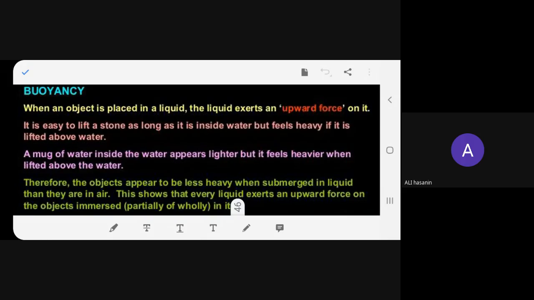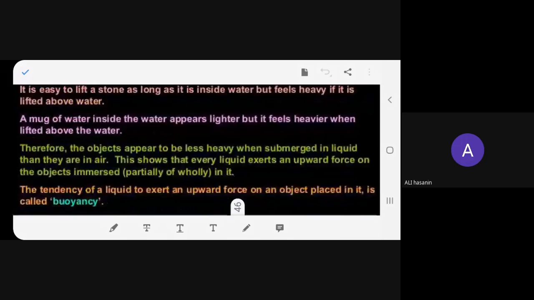But as soon as you take it out of water, you can feel its heaviness. So, what do we assume? That whenever objects are placed in water, they appear to be less heavy when submerged in liquid, as compared to when they were in air.